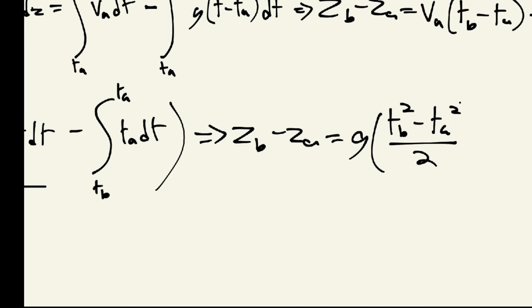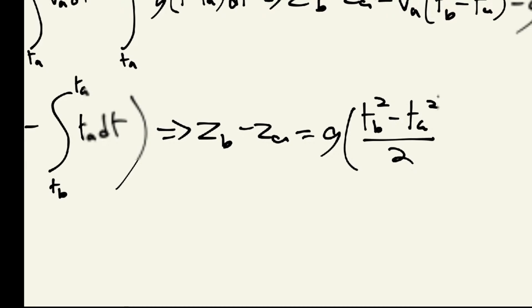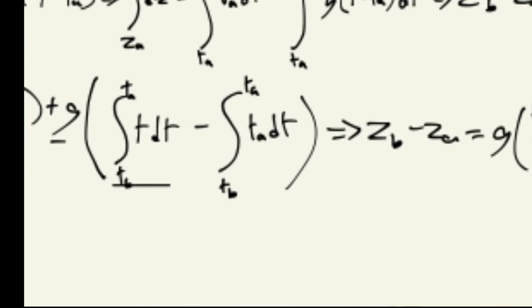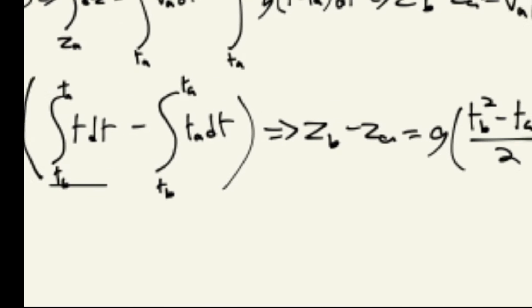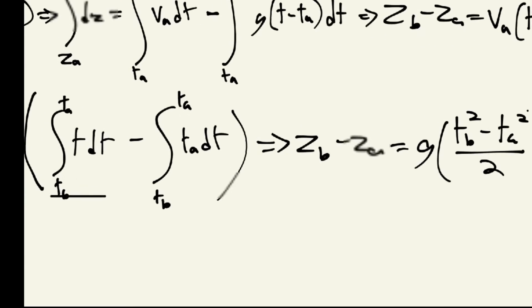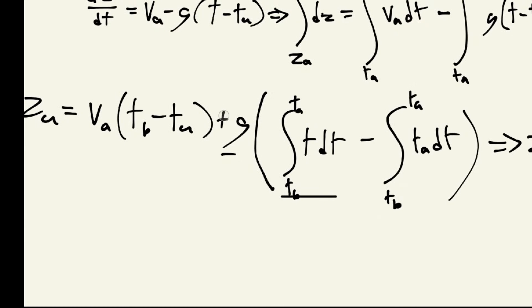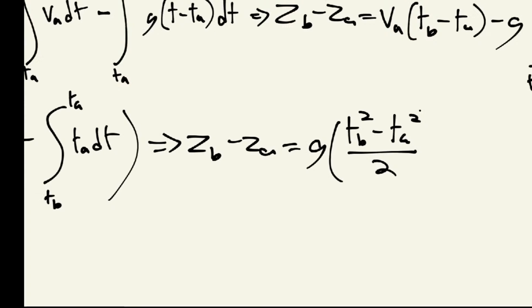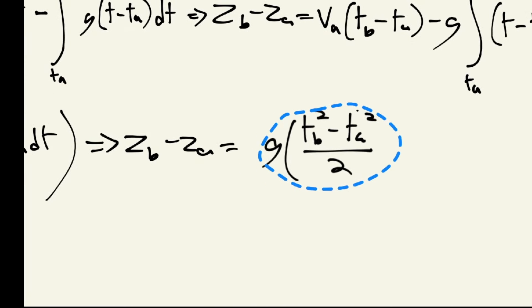Because that's the integral of t. And then this is going to be, yeah, that's positive, I believe. No, that's negative. Hold on. Oh, right, yeah, sorry. This needs to be normal subtraction. Yeah, so that's negative. So this is going to be negative.